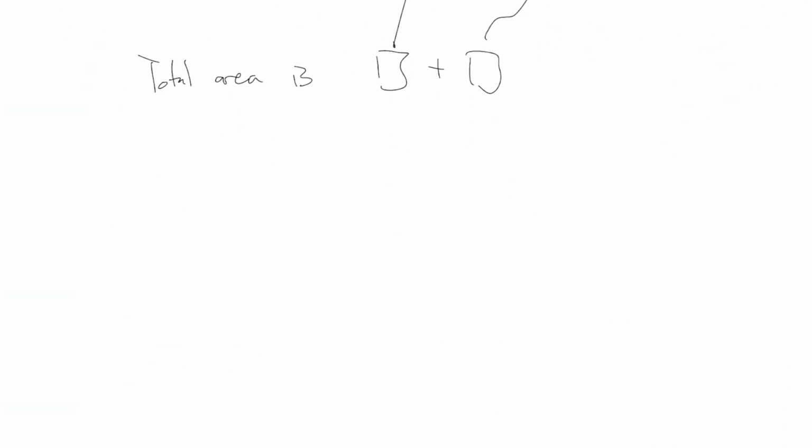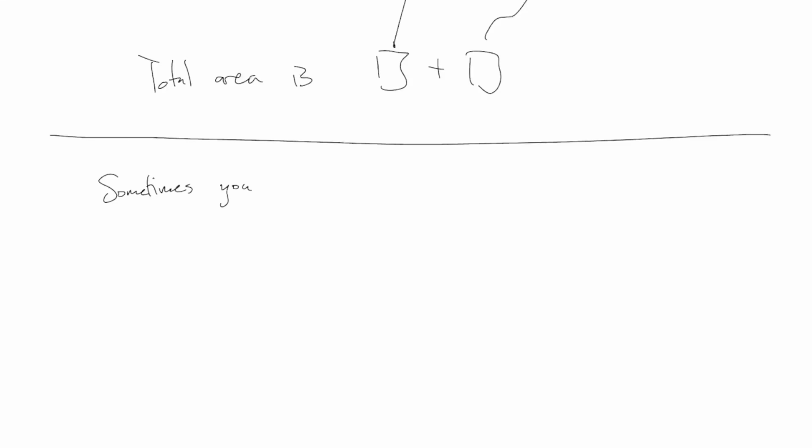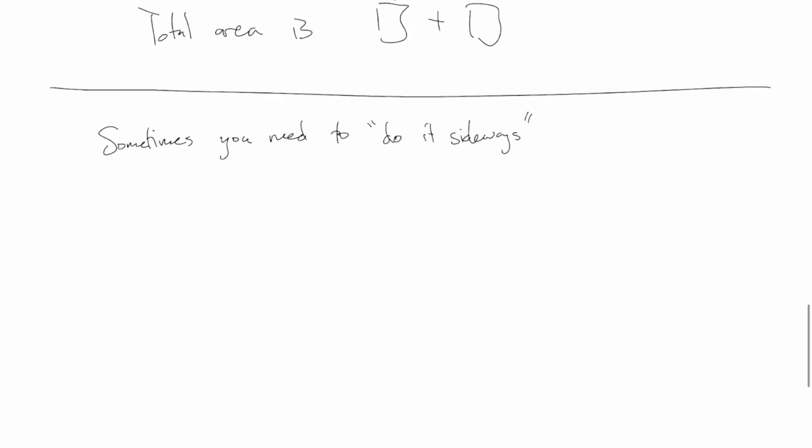So here's one which is not crossing, but I will say sometimes you need to, I'm going to call it, do it sideways. You'll see what I mean in a moment. How about, let's find the area between y equals 1/2 x and x equals y squared minus 3.